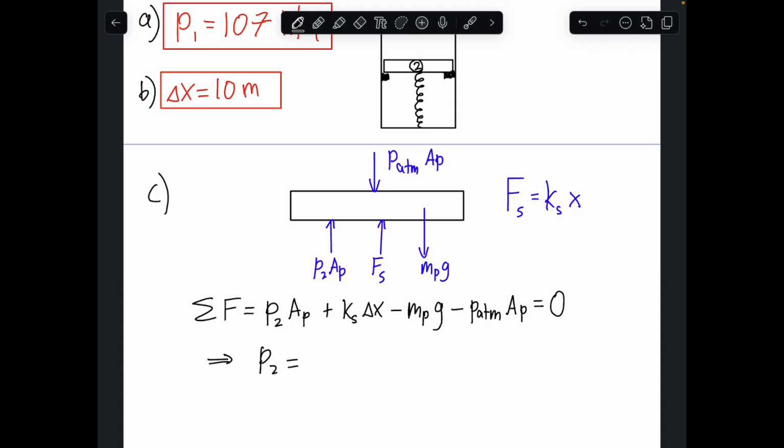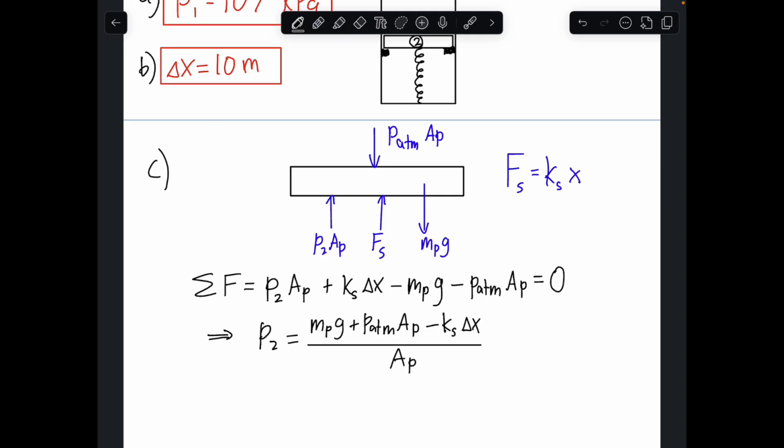P2 is going to be equal to the mass of the piston times gravity plus P atmospheric times the area of the piston minus Ks times delta X, because we're moving it over to the other side, all divided by the area of the piston.